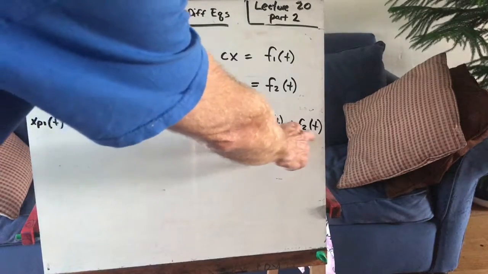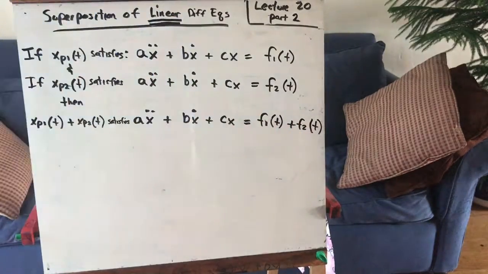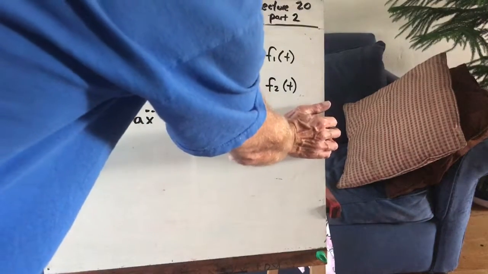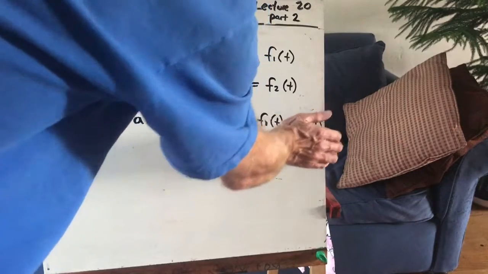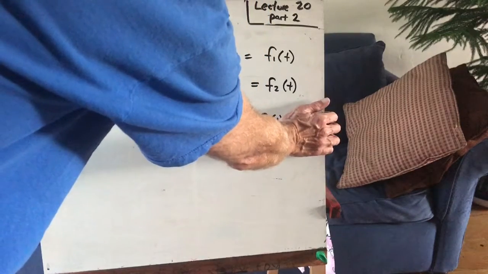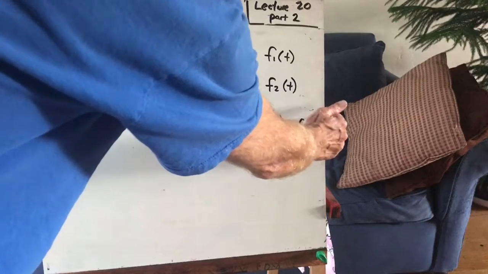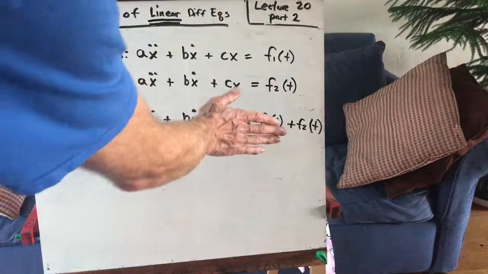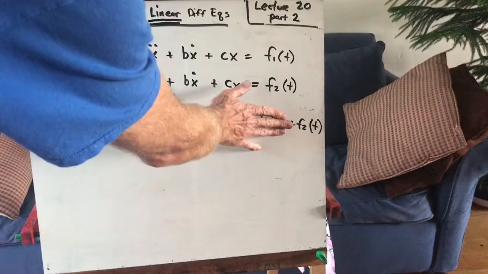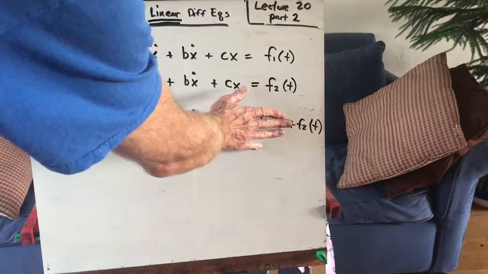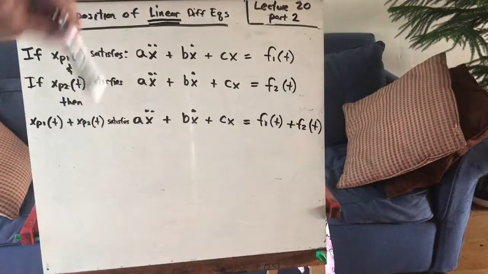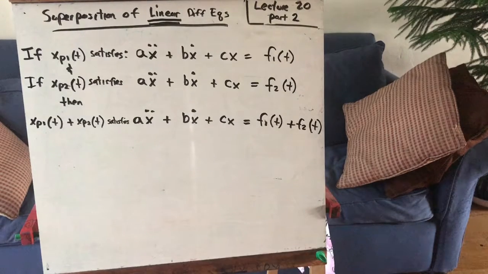If you have a sum of two forcing functions, then what you can do is block out one of the forcing functions and find the particular solution to just when f1 of t is active and f2 is not there. And then find a second particular solution for when f1 is blocked out but f2 is still there. And then your total particular solution is just the sum of those two. Very, very simple concept. Only works when it's linear, but it's super, super useful.